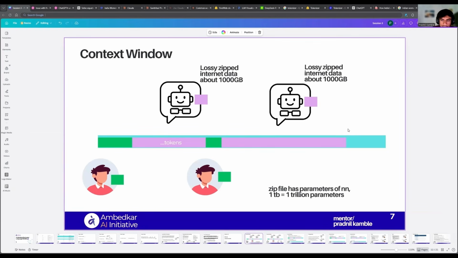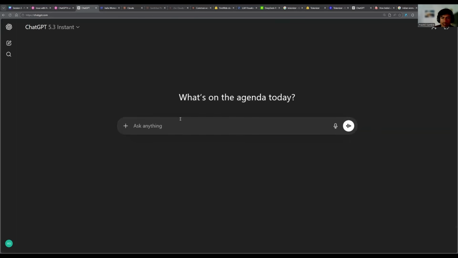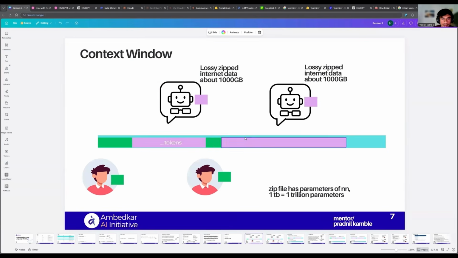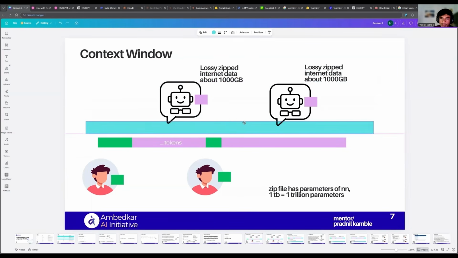But now that we are on how to use these models, here is an idea of how these models see whatever we say. So whenever I'm in ChatGPT, let's say, whenever I hit new chat, there is a new context window that opens. So here, the blue one, as you see in the background, is the context window. There is nothing inside right now.